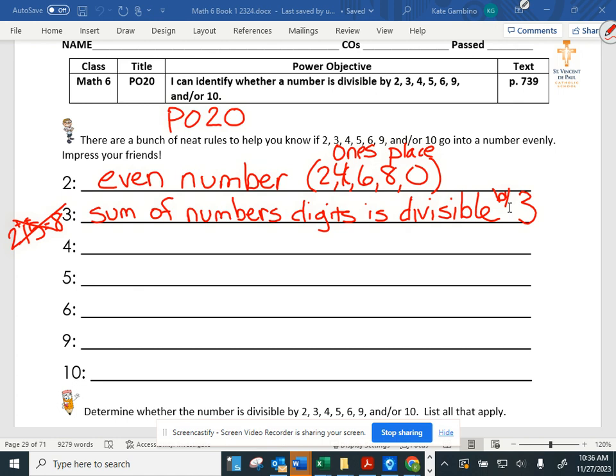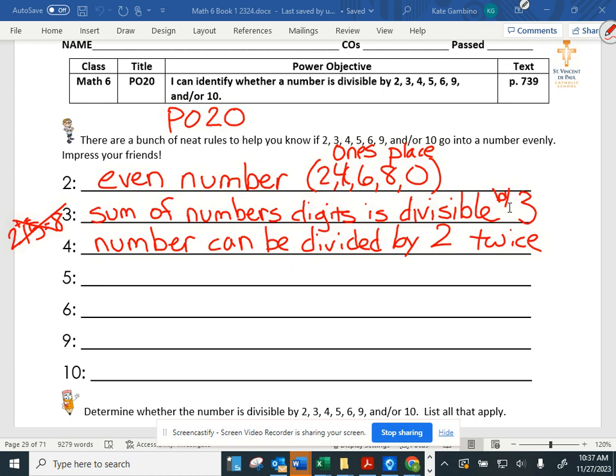How do we know if it's divisible by 4? Madison. If the number can be divided by 2 twice. So first of all, that number needs to be an even number. It needs to be divisible by 2. Then you divide it by 2 and say, can that number be divided by 2?